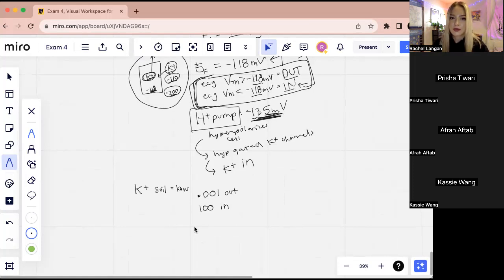And use math to support your answer. So what would you do? So first you would find what is the new equilibrium potential for potassium. So it would be same thing, but now we've changed the out concentration.